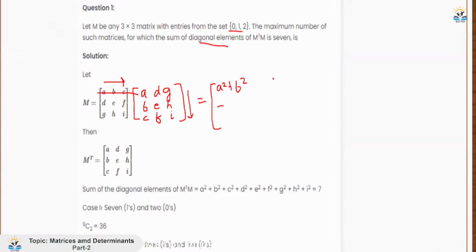A square plus b square plus c square. This is my first diagonal element.